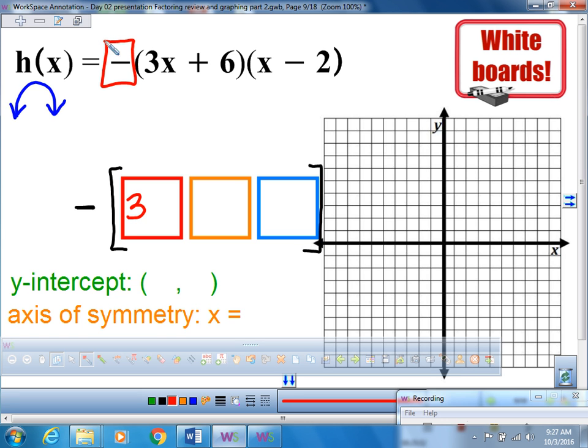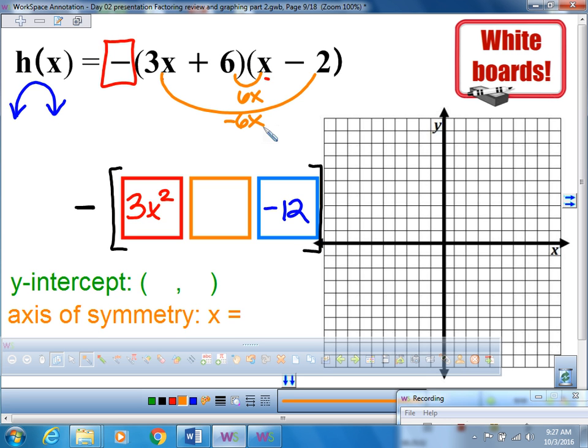Okay, so I'm going to do the same thing I normally would do. 3x times x is 3x squared. 6 times -2 is -12. Okay, then I've got my 6x, and I've got my 3x times -2 is -6x.